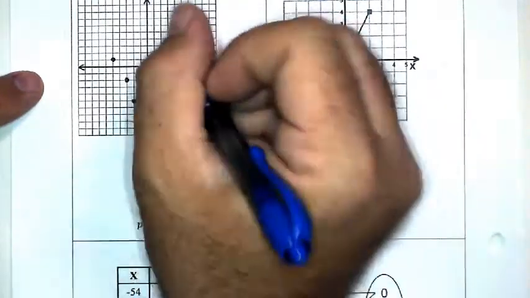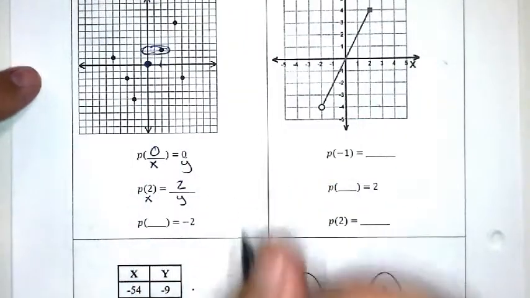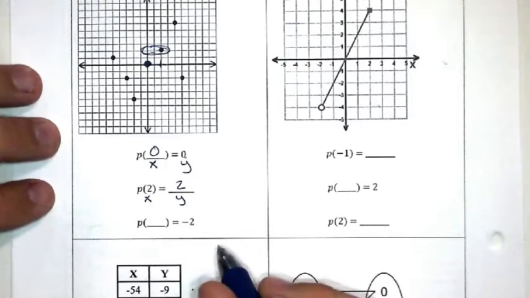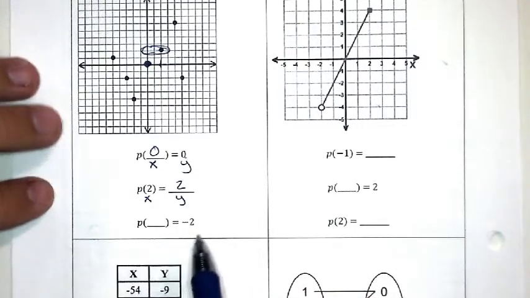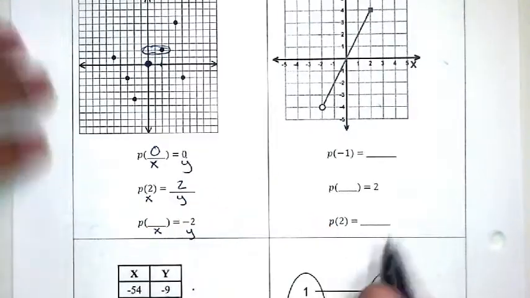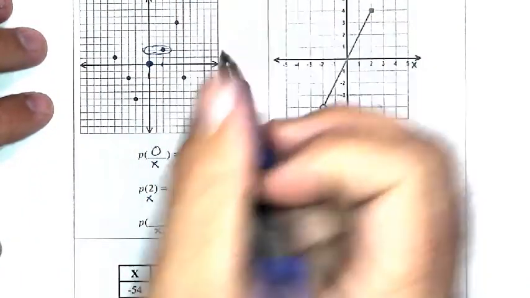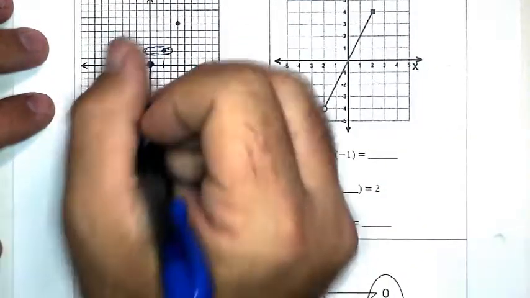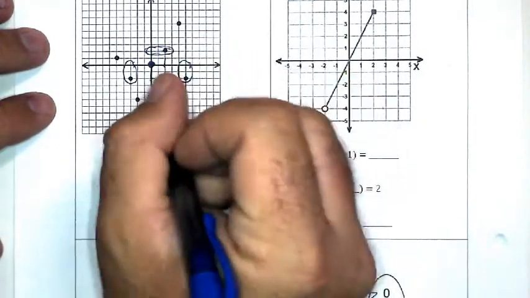This third one, do I give you x or do I give you y? I give you y, so we're solving for the x. So the y value is -2, so I'm going to go down to -2 on the y value and look for the corresponding x values. Hey, look, how many x values am I going to have right here? I'm going to have 2 x values here. What's the first x value?